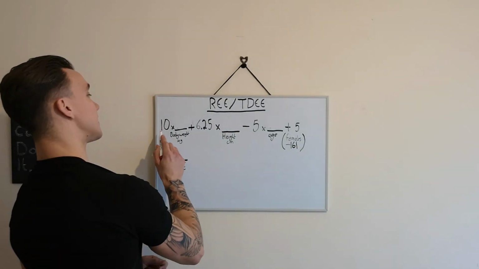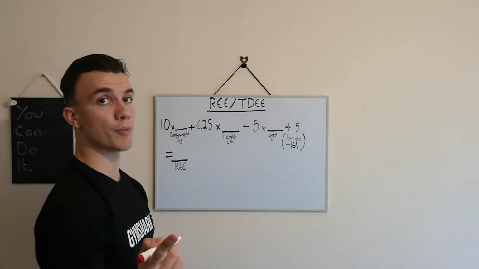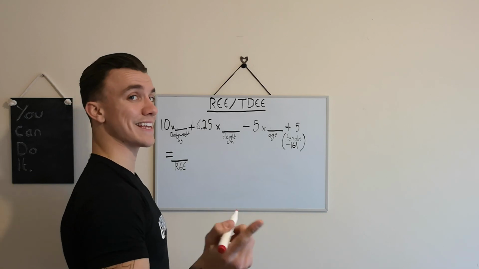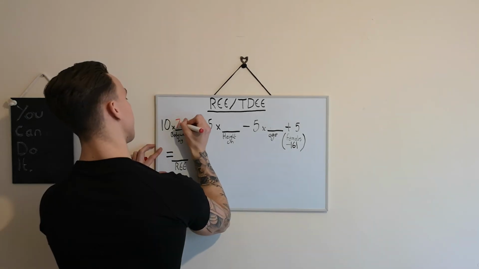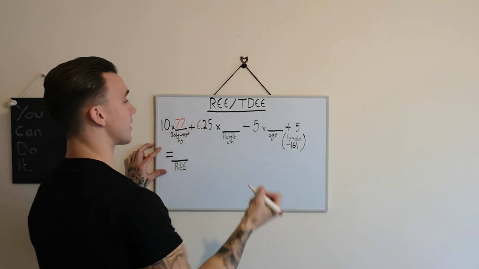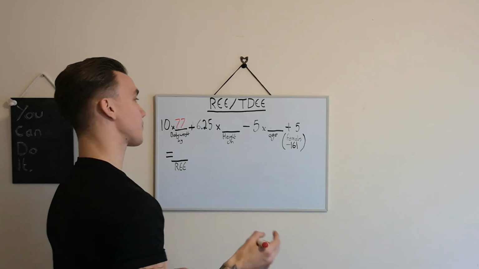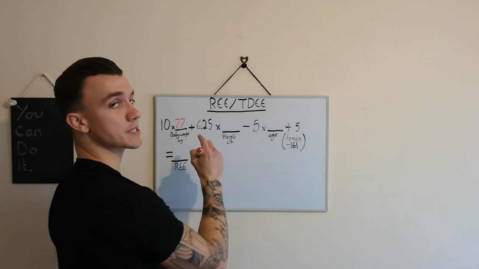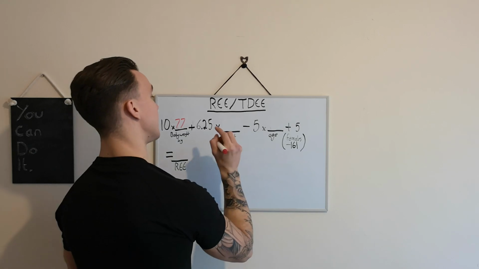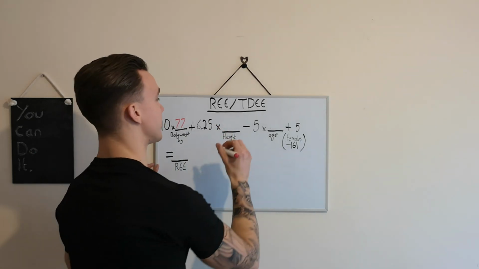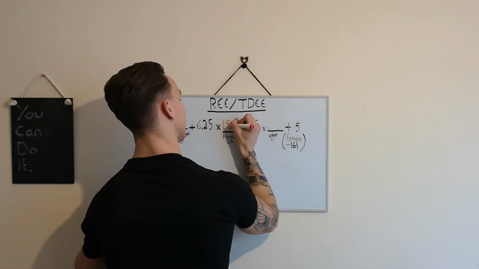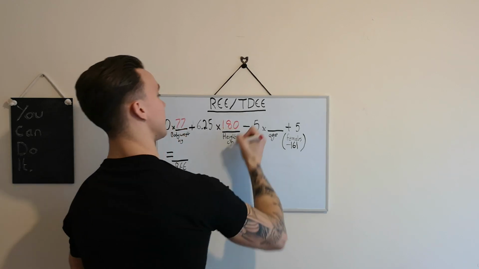What we have: 10 times your body weight in kilograms, 77 kilos, okay? Plus 6.25 times your height in centimeters, 180 centimeters.